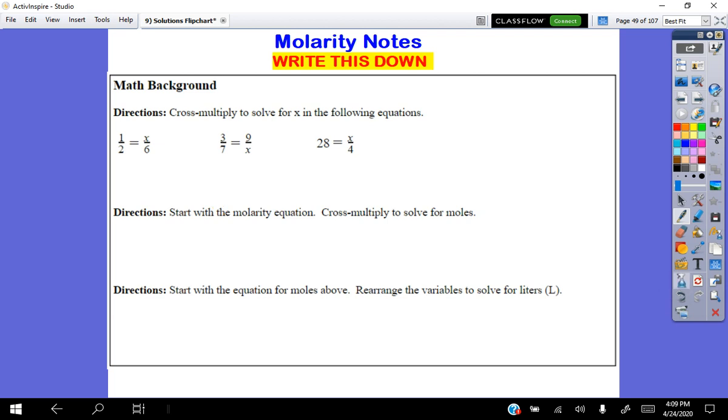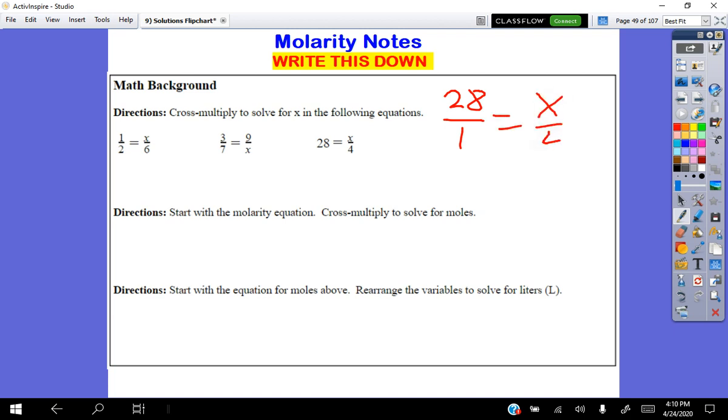The third type of cross multiplication problem you might see is one where you have a whole number set equal to a fraction with a variable in it. Whenever you have a whole number, that whole number is the same thing as saying that whole number over 1. 28 divided by 1 is still 28, but now I've made it a fraction.